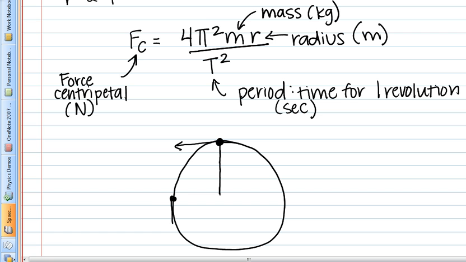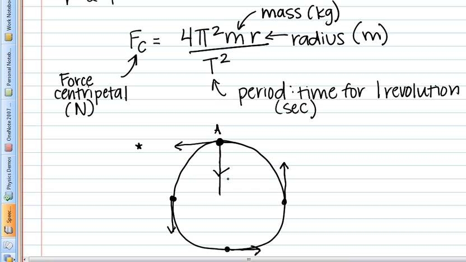So at all these different points, I'm going to label which way the ball was actually moving. Now, at point A, it didn't continue to keep moving straight and fall out over here because the string held it in. In fact, the string pulled it towards the center of the circle.